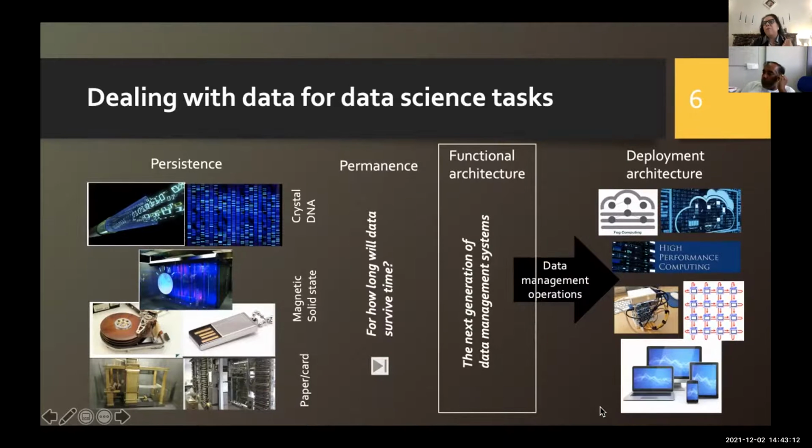At the very beginning of computer science, our data management operations were very light. The challenge was how to bring data from magnetic disks into the memory, the heap, the main memory related to a program.